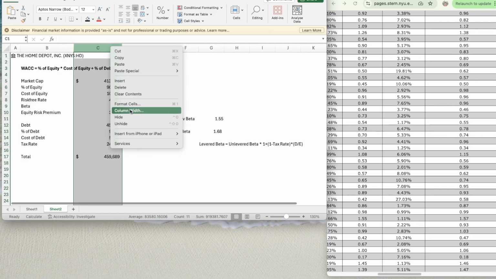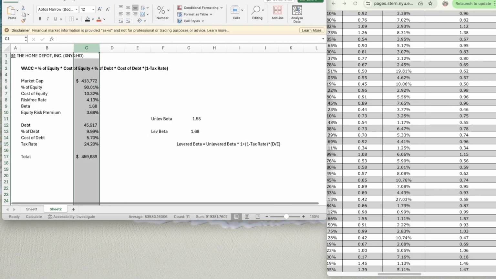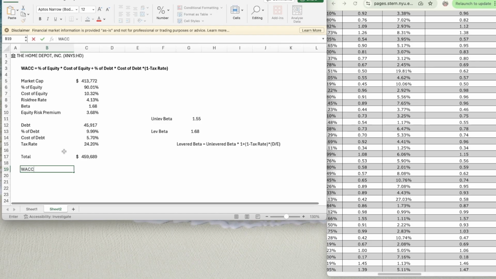So we have that now. Now we can work out the WACC. That is the percentage of equity multiplied by the cost of equity.